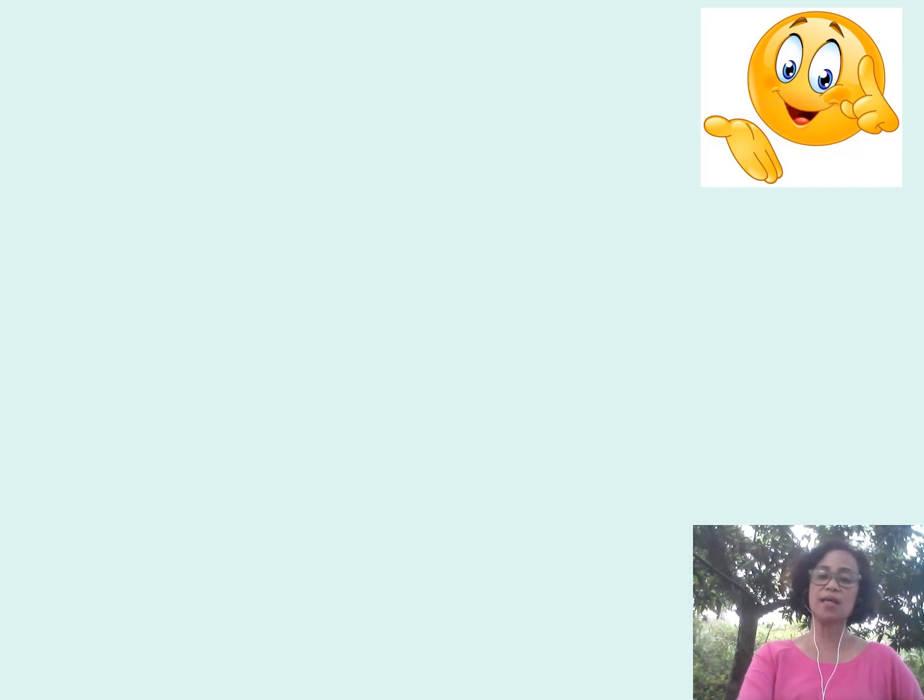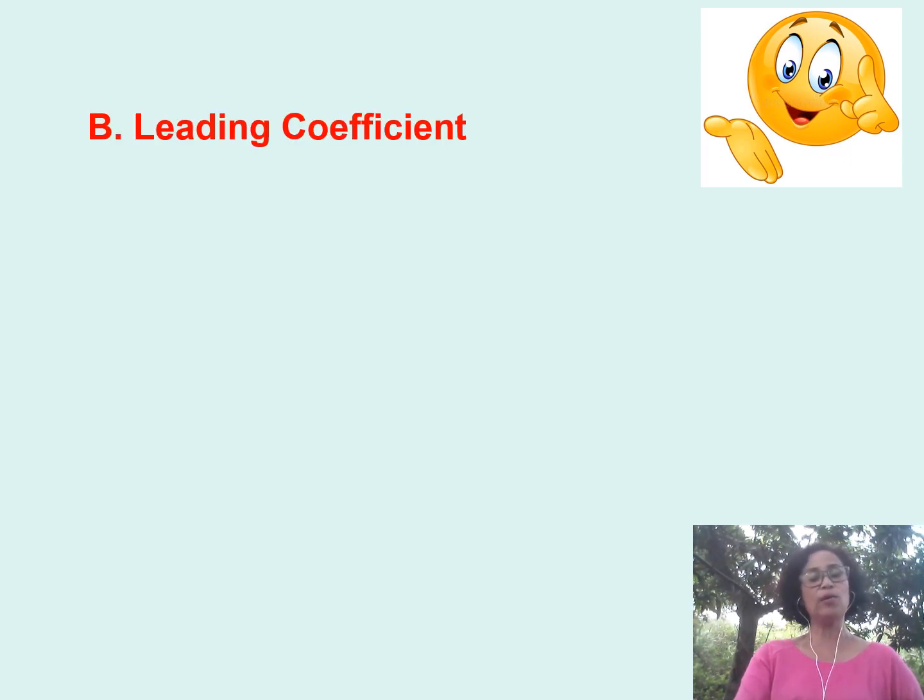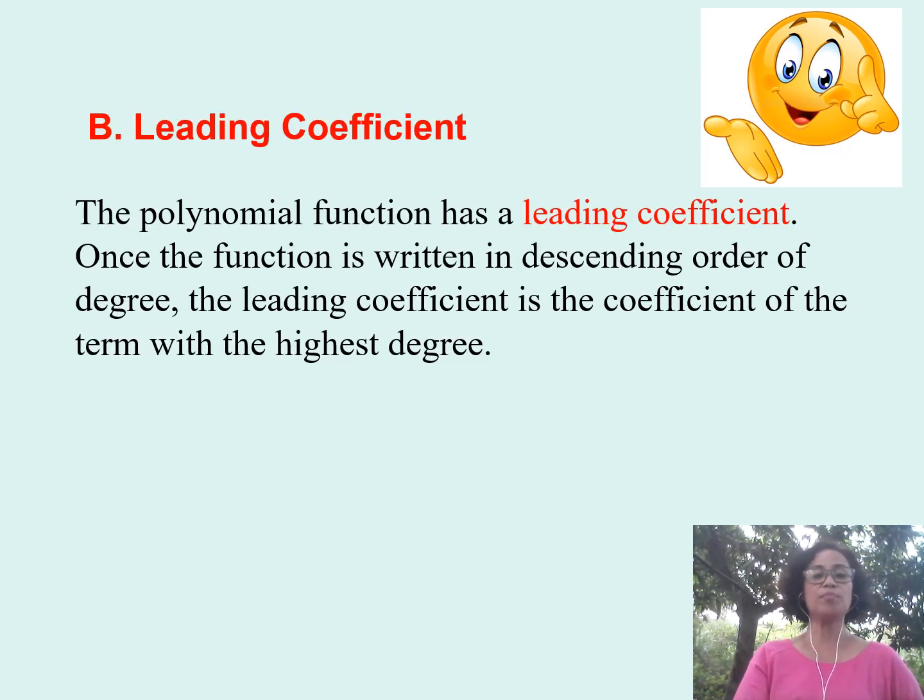After discussing the degree of a polynomial function, let us move on now to the second most important part of the leading term, which is what we call the leading coefficient. The polynomial function has a leading coefficient. Once the function is written in descending order of degree, or what we call the standard form, the leading coefficient is the coefficient of the term with the highest degree.